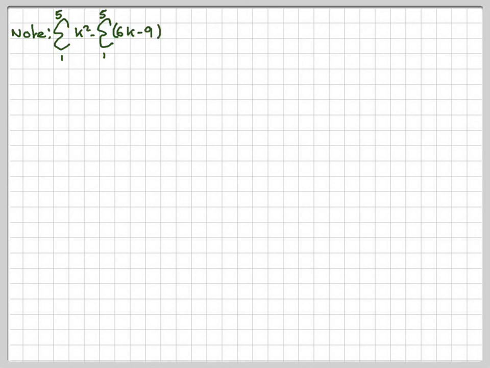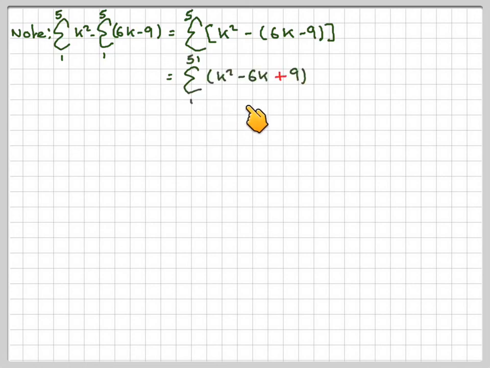So doing a similar thing as we did in the previous part, we could rewrite this as the sum from 1 to 5 of k squared minus bracket 6k minus 9, close the bracket, which is the sum from 1 to 5 of k squared minus 6k plus 9.